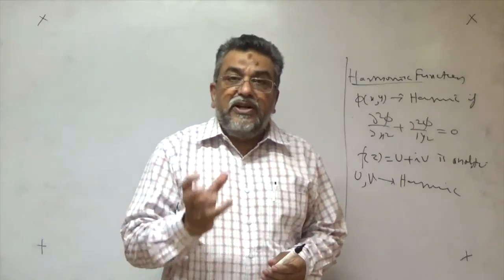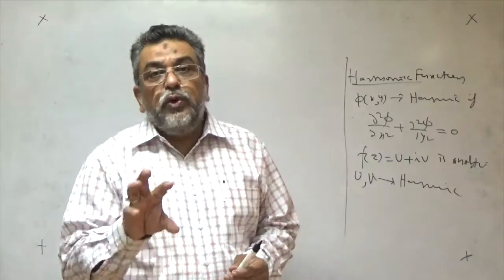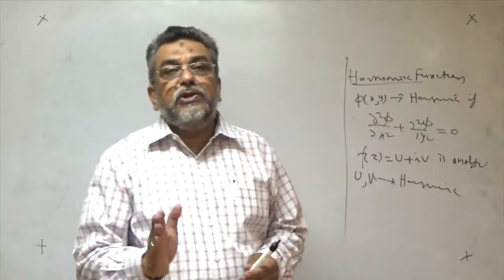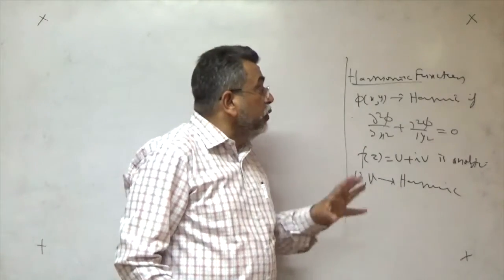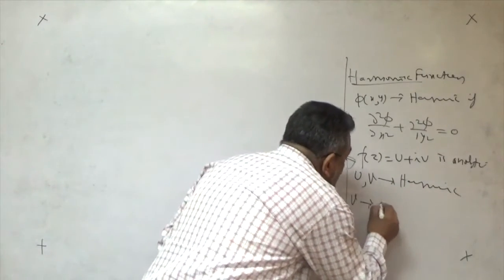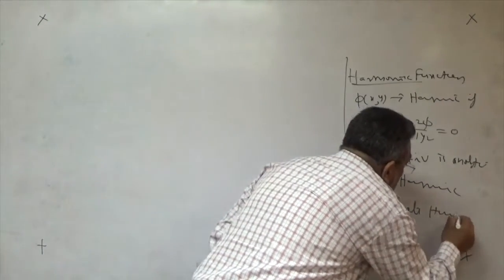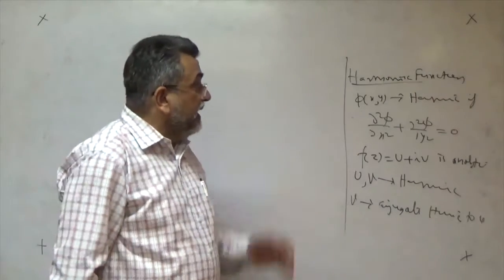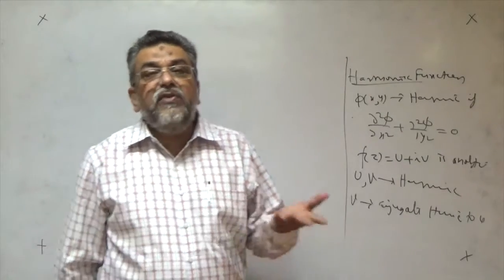Here we are taking the complex function f(z) equal to u plus iv, where u is the real part and is a function of x, y, and v is the imaginary part, also a function of x, y. So both are harmonic, means both u and v satisfy the Laplace equation. And here v is said to be conjugate harmonic to u.